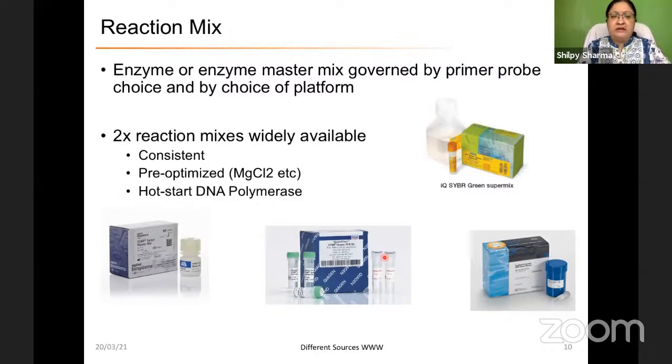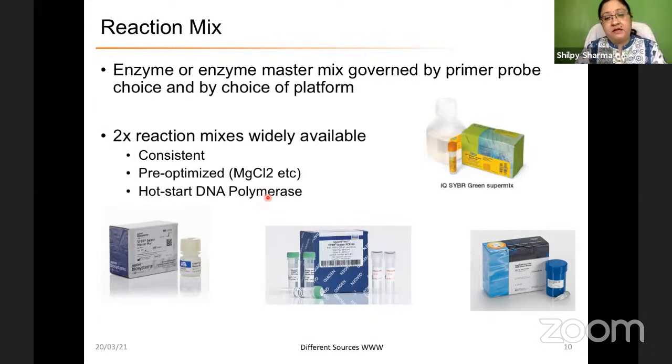Generally these primer mixes are also available. But when I talk about the SYBR Green based mixes, these are all present in 2x concentrations. So for half of the reaction you can add this reaction mix, which is a consistent mix that is prepared, which has pre-optimized magnesium chloride, and it works with a hot start DNA polymerase. Hot start DNA polymerases have their active sites masked by a subunit which is heat sensitive.